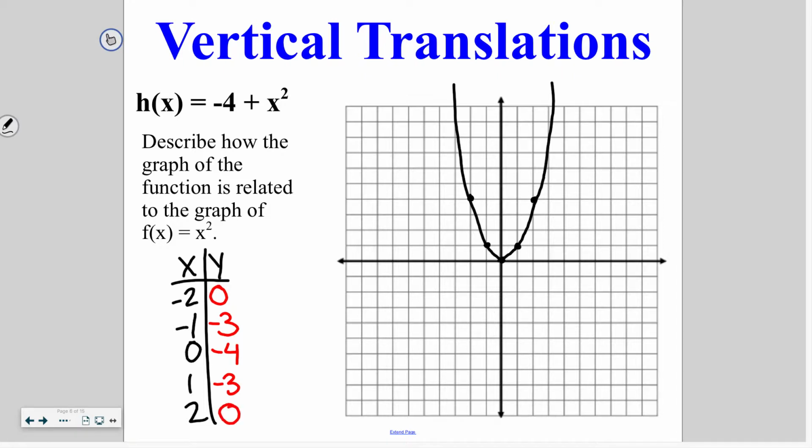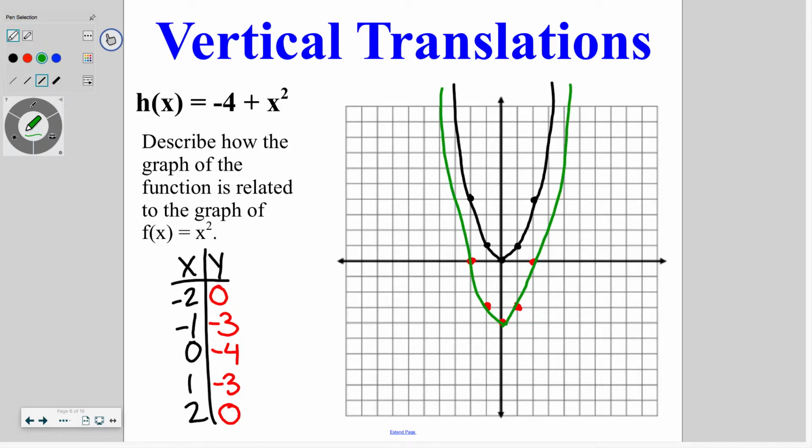So when I draw this transformation, I end up at (-2, 0), (-1, -3), (0, -4), (1, -3), and (2, 0). As you can see, all of the points on the graph have simply moved down from where they started. So I still have my parabola shape. Each of the points have just moved down 4 from the parent function. That's what the -4 meant, moving down 4.